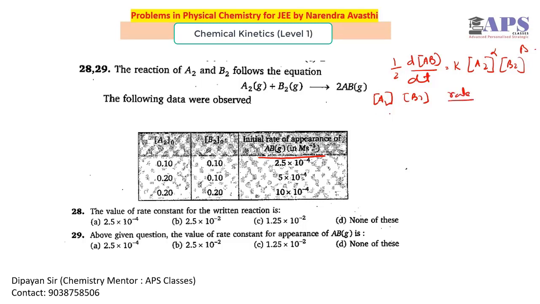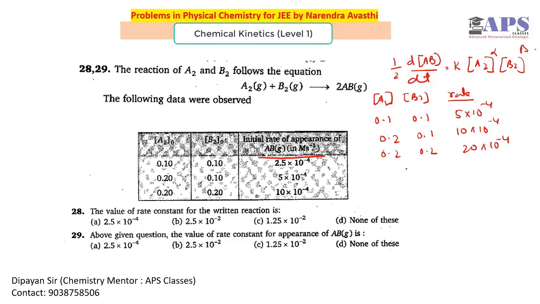So in general we can write the concentration of A, the concentration of B2, and the rate of the reaction like this: 0.1, 0.1, 5 into 10 to the power minus 4; 0.2, 0.1, 10 into 10 to the power minus 4; 0.2, 0.2, 20 into 10 to the power minus 4.